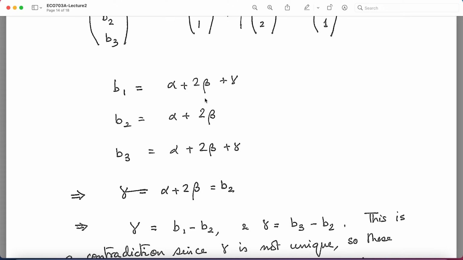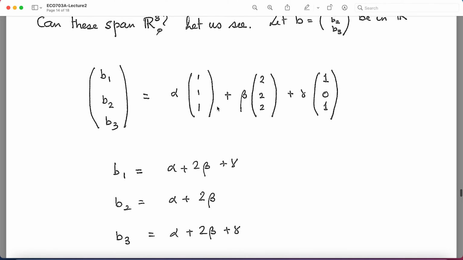So, gamma is not unique, which means this alpha beta need not be unique either. So, if I take these three elements, then for the given B1, B2, B3, the alpha beta gamma may solve the system, there will be a solution, but that need not be unique.